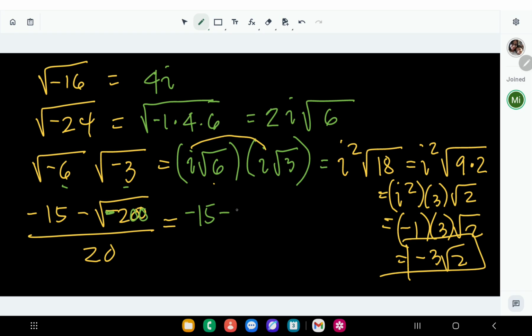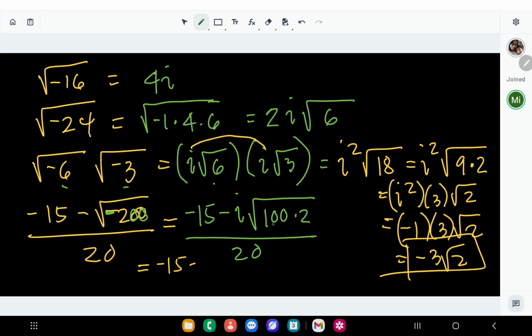Square root of negative is i, so we put i outside first. And 200, we can write as 100 times 2, right? Because 100 is a perfect square, over 20. And this would become negative 15 minus, square root of 100 is 10. So this is 10i square root of 2 over 20.